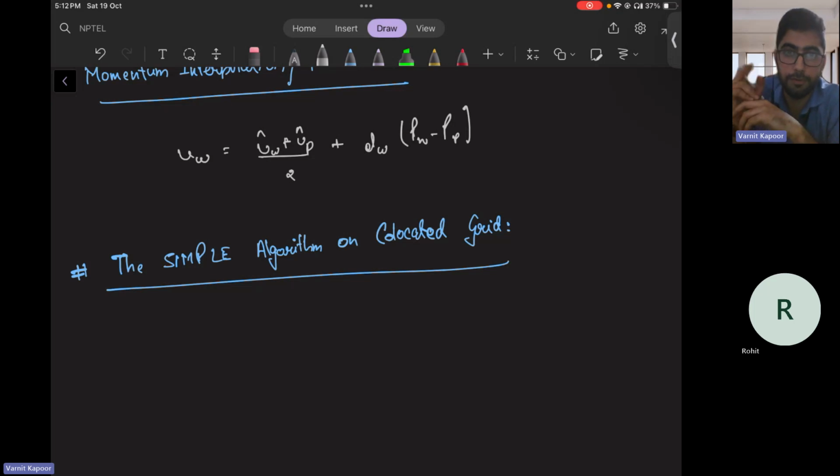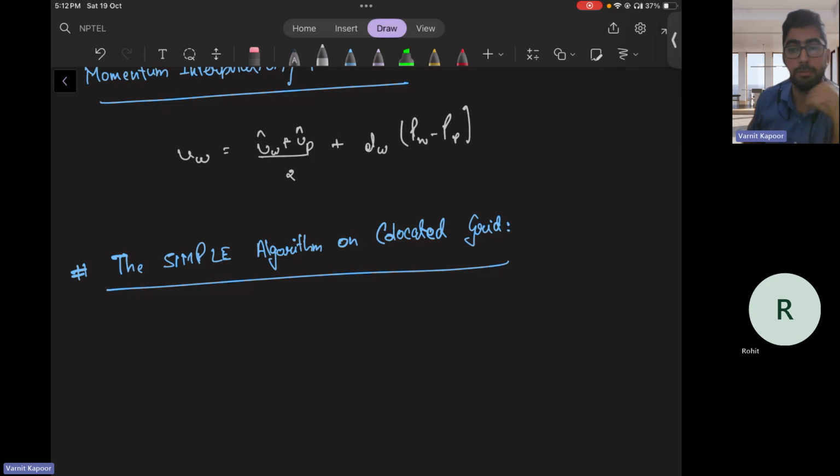If you remember, we had two issues. One was that there was no equation for pressure, and the other was the pressure-velocity checkerboarding problem. The checkerboarding is now avoided using the Rhie-Chow interpolation, whereas the missing pressure equation still has to be handled through the SIMPLE algorithm. So we need to modify our SIMPLE algorithm as applied to collocated storage. Let us consider a two-dimensional Cartesian grid, with a uniform mesh for simplicity, using a collocated grid.